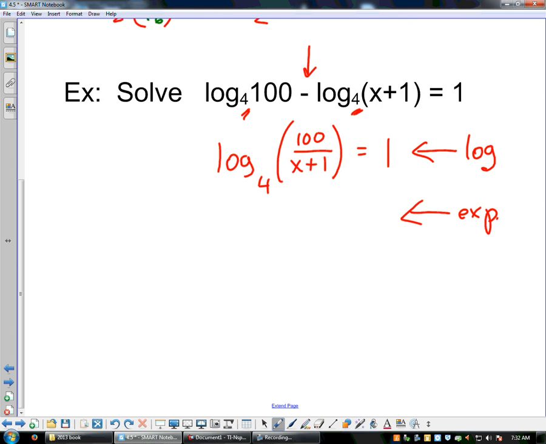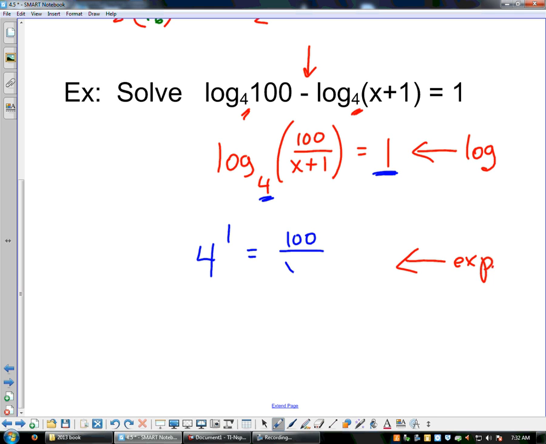All right, so to do that, we would take our base, which is 4, and raise it to our logarithm, which is our exponent, which is 1. I get 4 to the first equals 100 over x plus 1. So now I can solve this equation by just multiplying both sides by x plus 1.